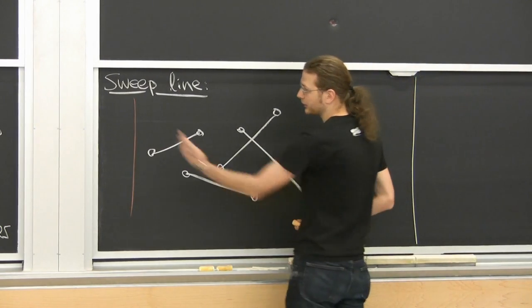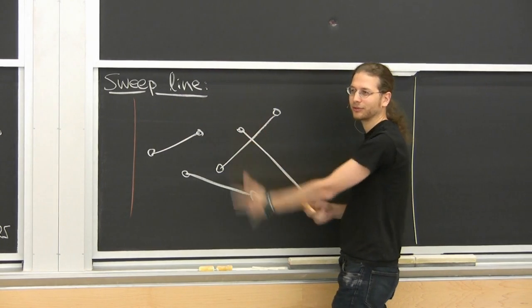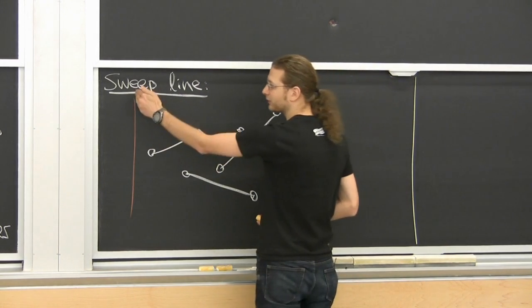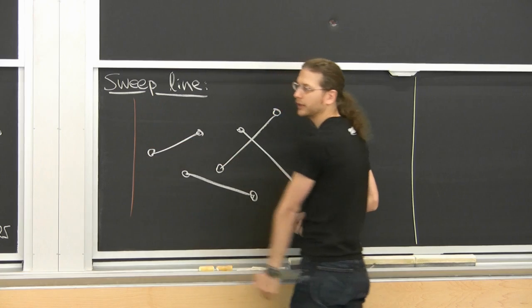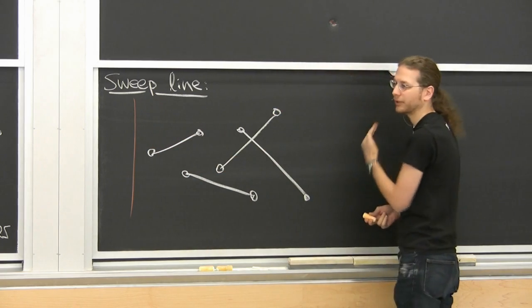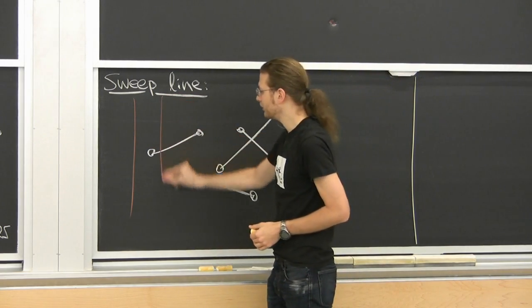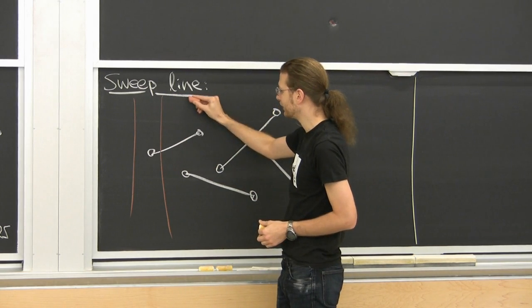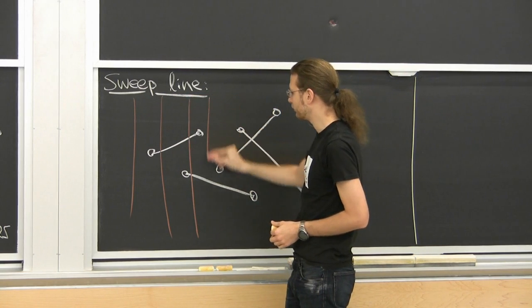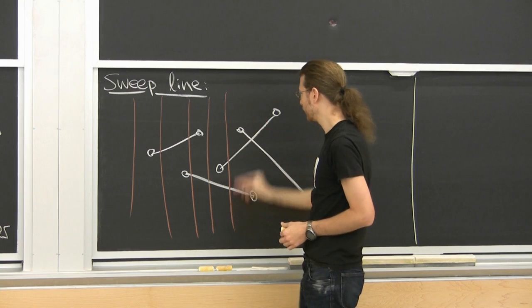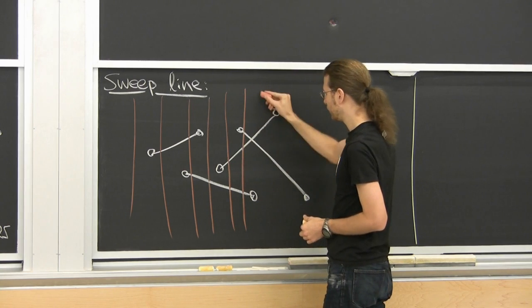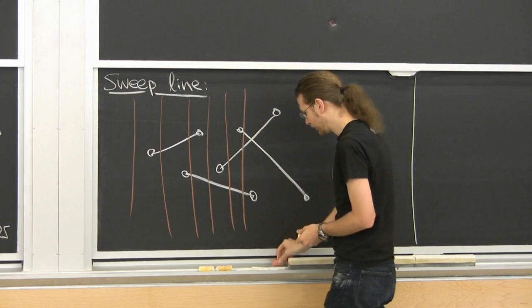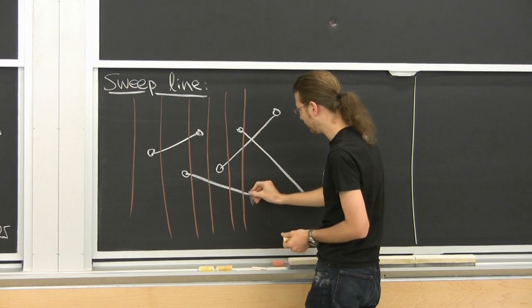So the idea is we want to linearize or one-dimensionalify the problem. So just take a slice of the problem with a vertical line and imagine sweeping that line from left to right. So you imagine it moving continuously. Of course, in reality, it moves discretely. Let me unambiguate this a little bit.